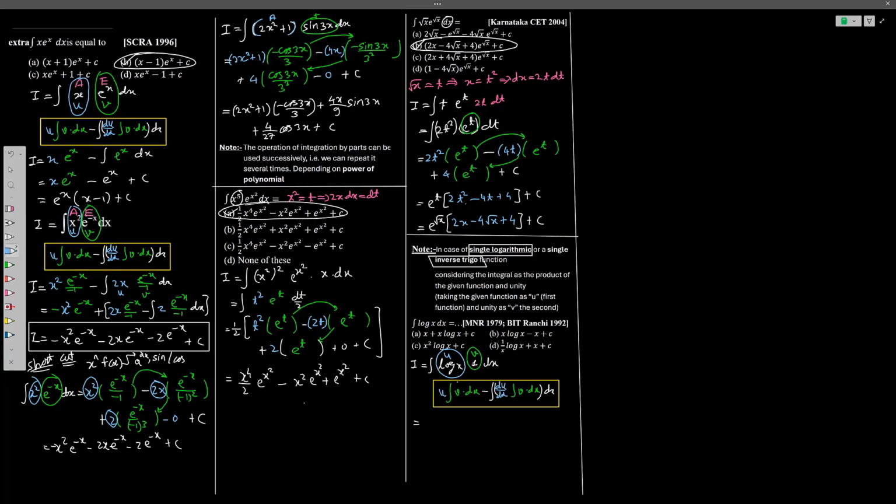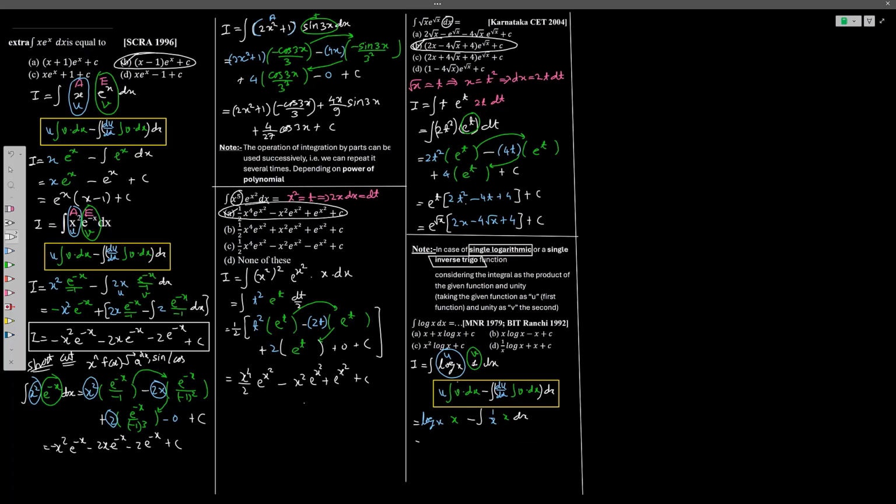So we will get log x into integration of 1 dx, that will be x, minus integration of differentiation of u, which is log x, so that will give us 1 by x, and integration of v, so that will be x dx.